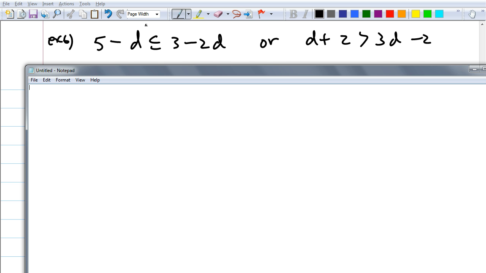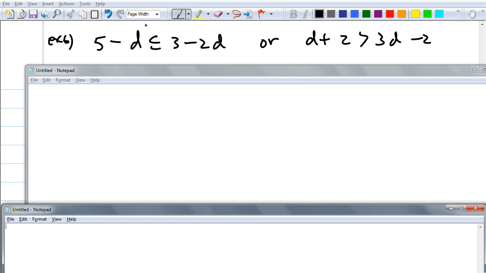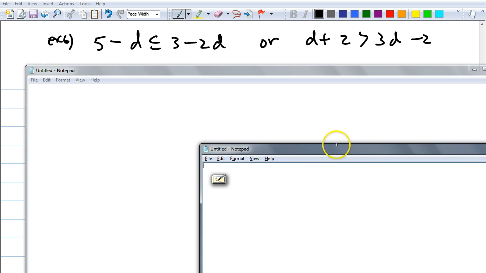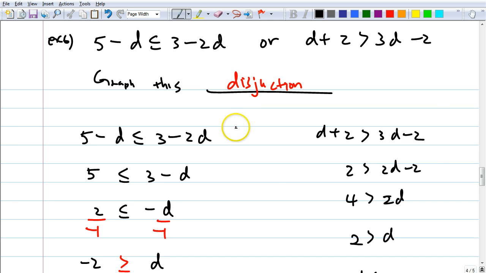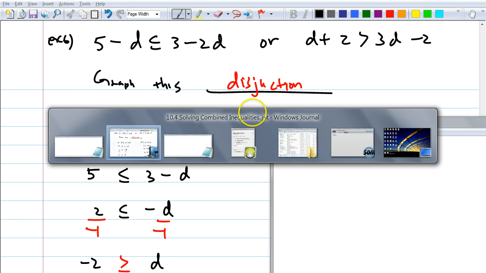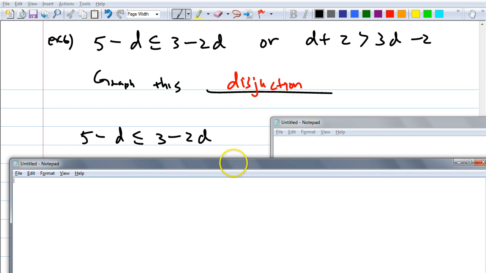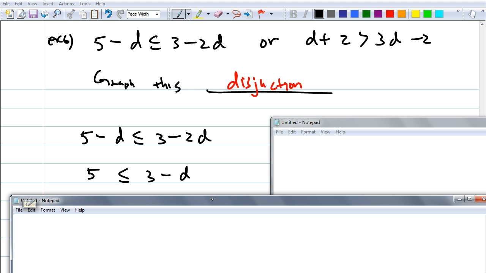So what are you going to do to the first one? How would you gather the D? Solve for D. How would you do that, Kobe? Add 2D to both sides. Yeah, you could add 2D to both sides. I added D. Is that okay if I did? Okay, it's fine. I did that on purpose, kind of. Because when you do this, I get 5 less than 3 minus D, right?